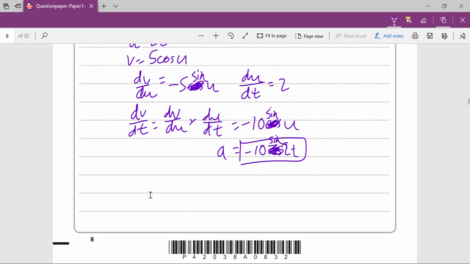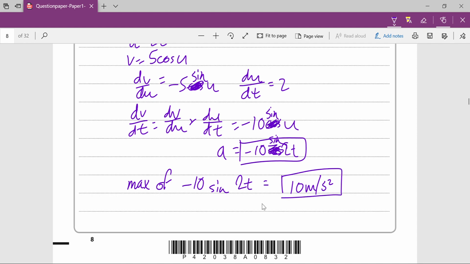The maximum of minus 10 sine 2t will be 10 meters per second squared, because it's multiplied by negative, and the minimum of sine theta is minus 1.